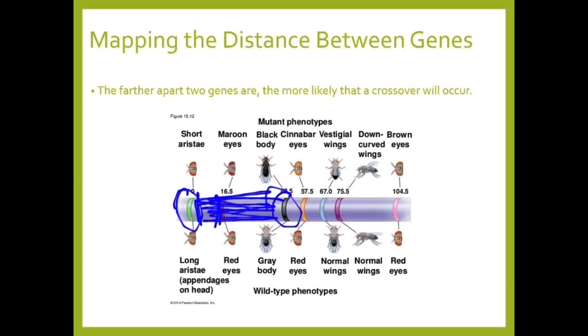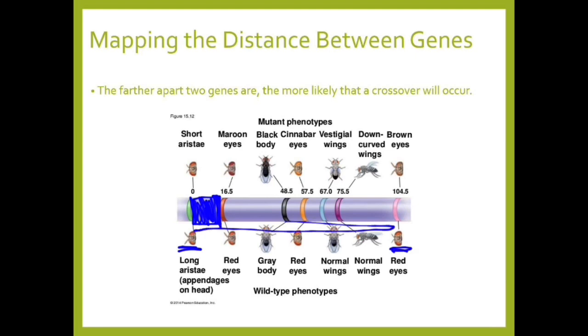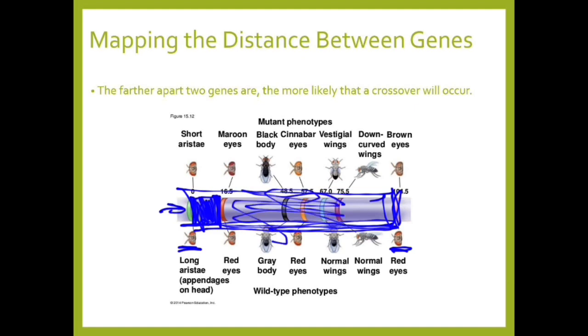It's harder for crossing over to occur in between these two genes because there's less space for that to happen. Whereas here, if I look at this trait and this trait, crossing over can happen anywhere in between these two. And we can ignore all these other traits because we're just looking at this first one and this last one.